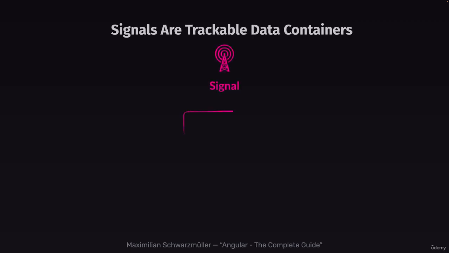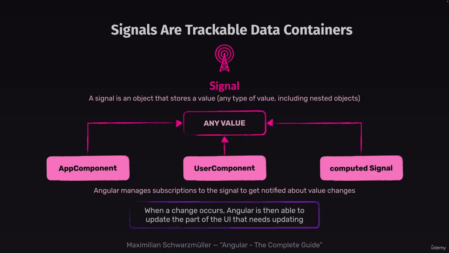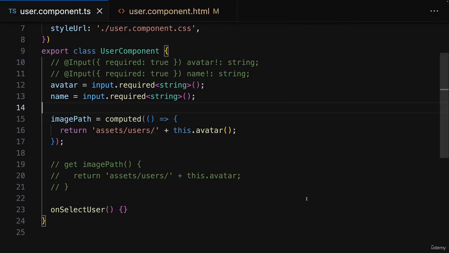When working with signals, and therefore also when working with signal inputs, you get this advantage that Angular manages these behind-the-scenes subscriptions and that Angular is able to efficiently update the parts of the UI or the values in your code that need updating when such a signal-based value changes. So it can be more efficient depending on the rest of your application and so on. Now, this efficiency might not always matter because the other, older approach without signals is also pretty efficient.